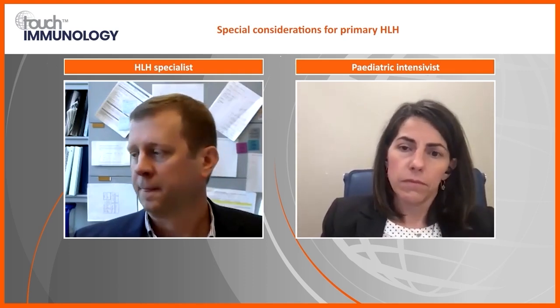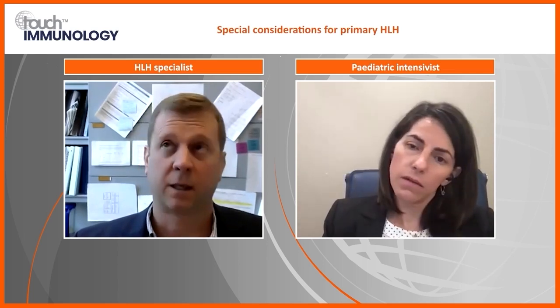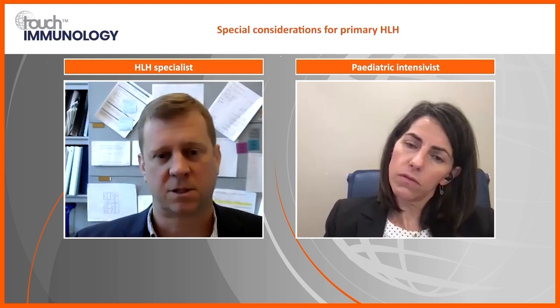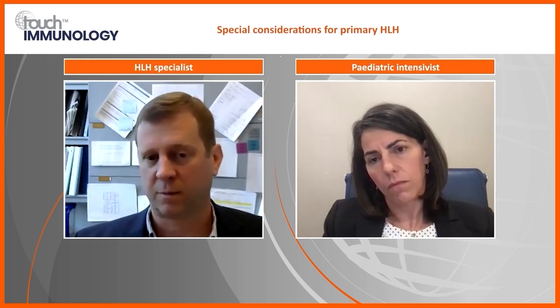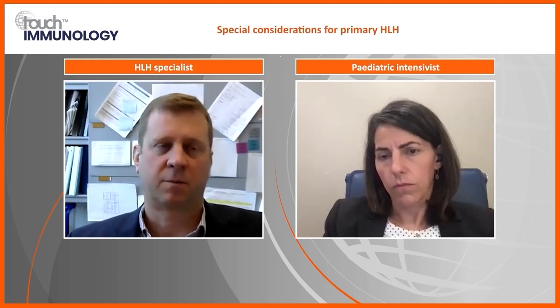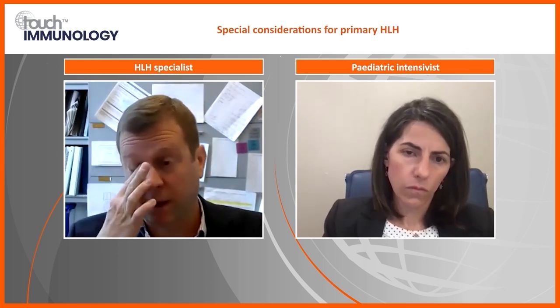Now, we could maybe back up one step. We talked about initially, the patient shows up and you're not sure what the diagnosis is, but you think it could be HLH. You're trying to rule out things that maybe wouldn't be best treated with HLH sorts of therapies. In terms of first-line therapy for patients, what do you consider at your institution, the variations or the options that you would generally consider?